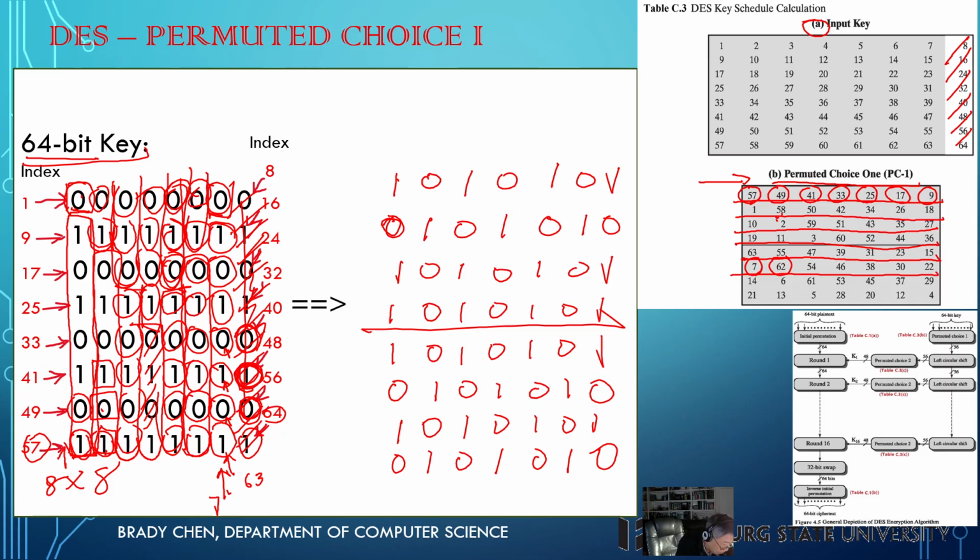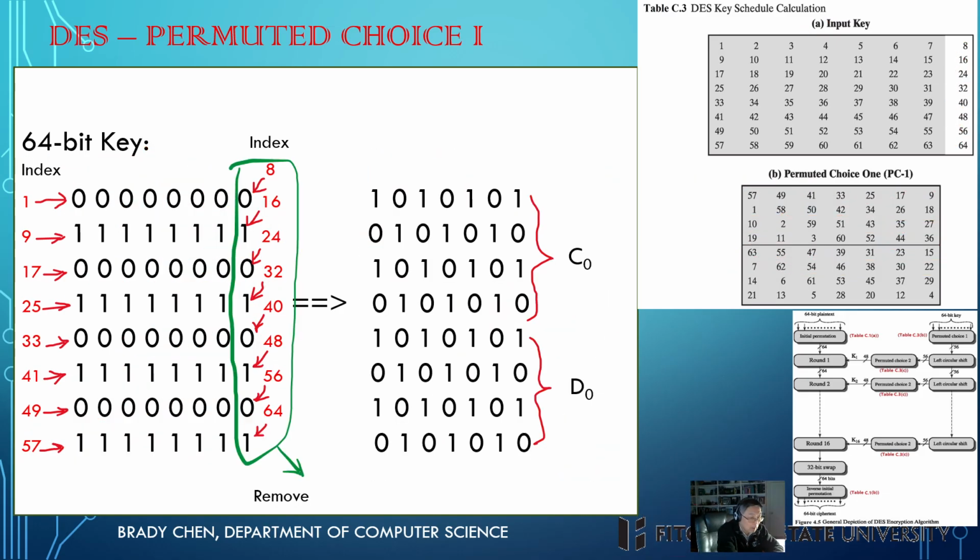Okay, so we just reconstructed the matrix using the permuted choice 1. So we got this. Here's a summary.